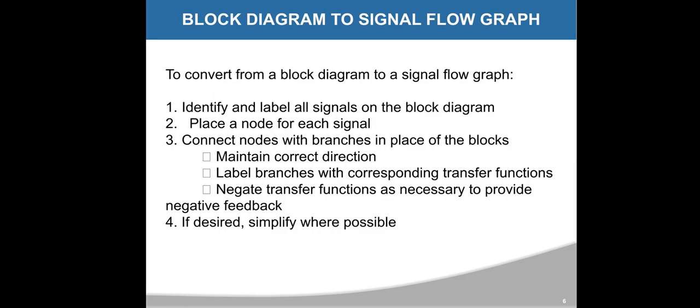Connect nodes with branches in place of the blocks. Maintain the correct direction. Label branches with the corresponding transfer function. Negate the transfer function as necessary to provide negative feedback. And if desired, simplify the signal flow graph wherever possible.